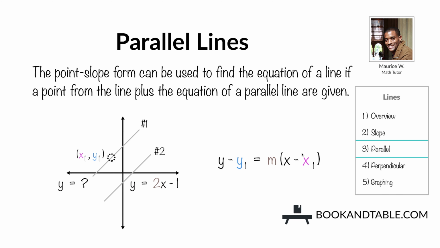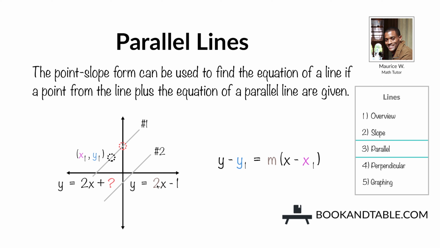But let's say you are given the equation of one line and the point on another line. How would you figure out the equation of this line? Well, the point-slope form can be used to find the equation of a line if a point from the line plus the equation of a parallel line are given.